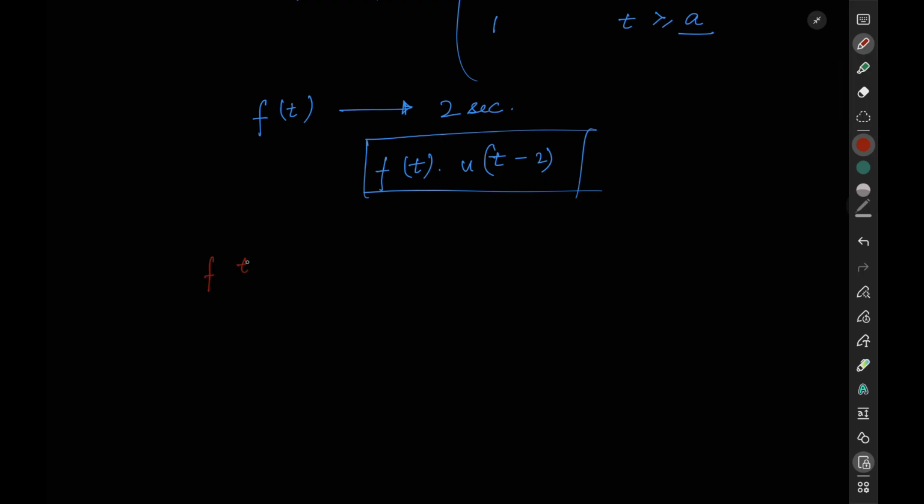Suppose there is a function f(t) which is 0 before time t equal to 5 seconds and which becomes 10 after t greater than 5 seconds. So this can be represented in unit step function as f(t) is equal to 10 u(t minus 5).